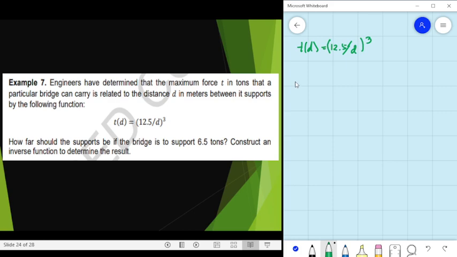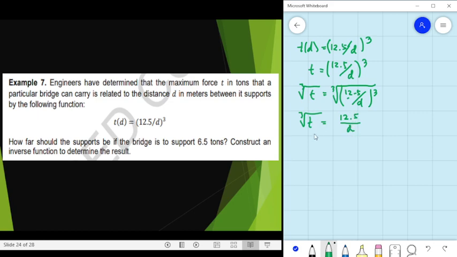So from here, t now is equal to 12.5 over d to the third power. So extracting the cube root in order to eliminate the cube, we can now have the cube root of t is equal to 12.5 over d.